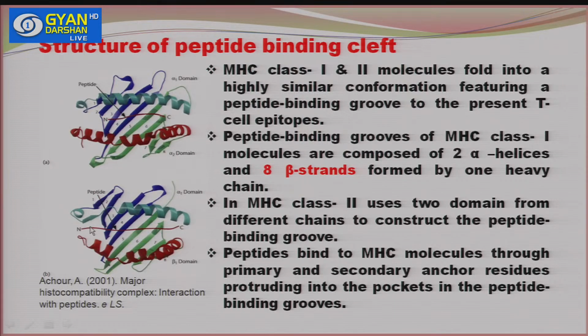Here the peptide will be displayed. Here is the N terminal, here is the C terminal. Their size would be 8 to 10 amino acids here, and 13 to 18 amino acids here. They will bind or be displayed on the surface of the MHC, to be recognized by the T cells, and ultimately an immune response will take place.